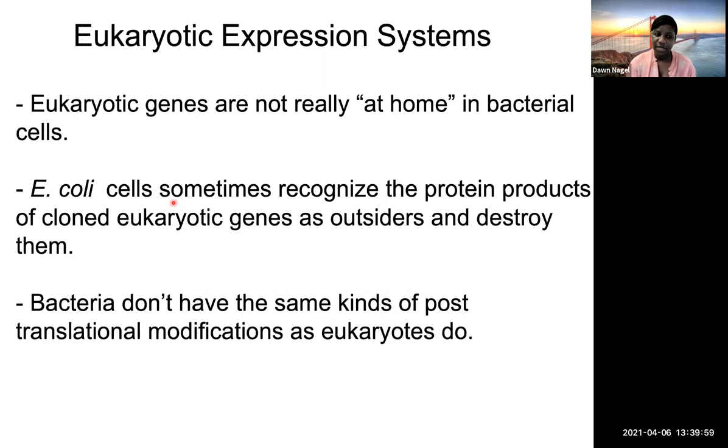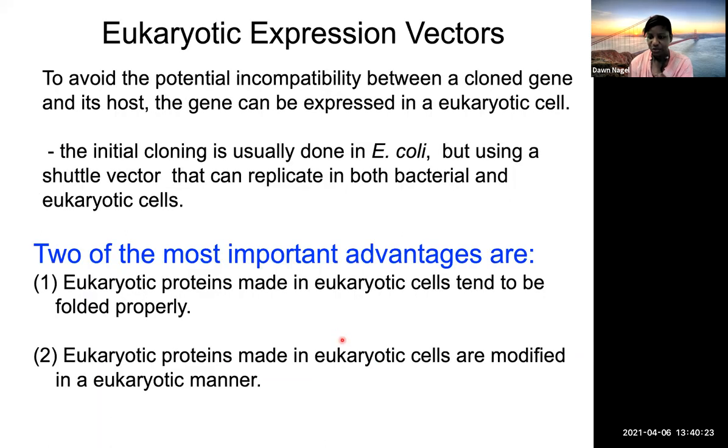The reason is E. coli cells sometimes recognize the protein products of a cloned eukaryotic gene as an outsider, and it will destroy it, right? You know, it's an invasion, right? So it will destroy it. And also bacteria doesn't have the same kind of post-translational or even post-transcriptional, as you'll see, modifications as eukaryotes do, okay? So you need to use a system that you can actually study. And so that's where eukaryotic expression vectors are important, okay?